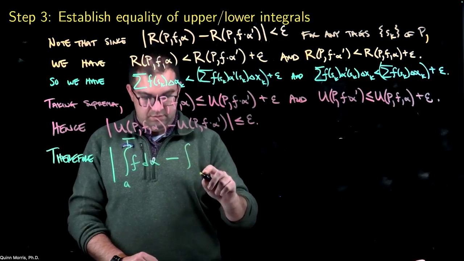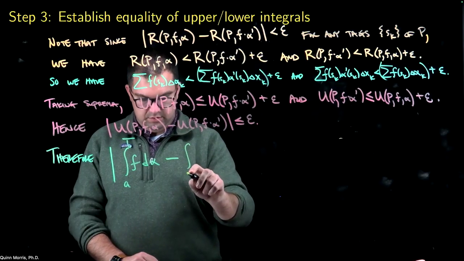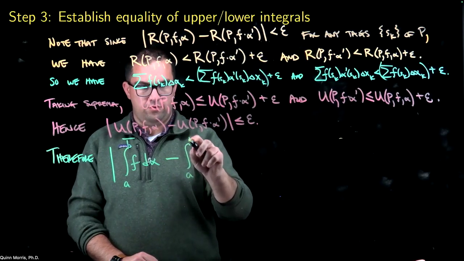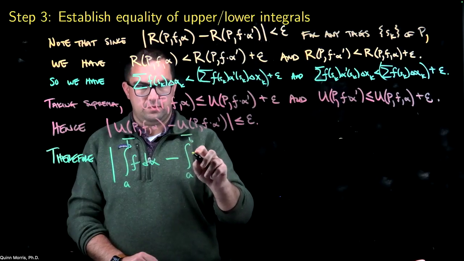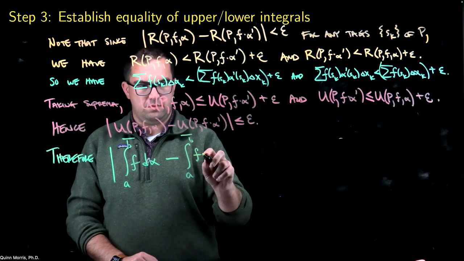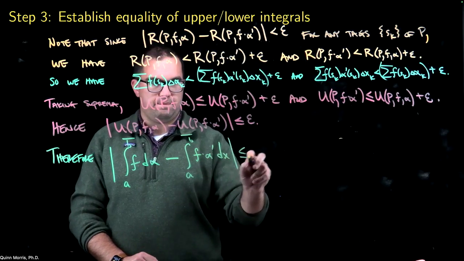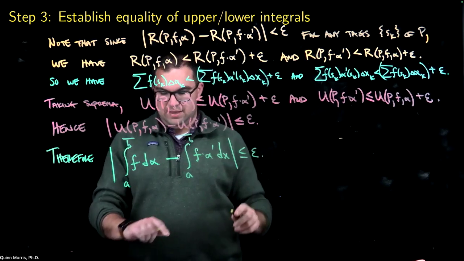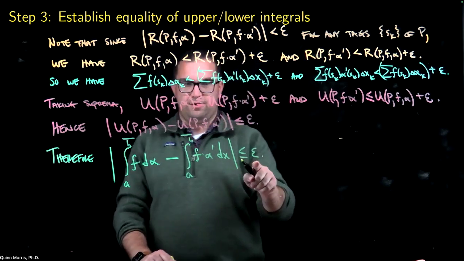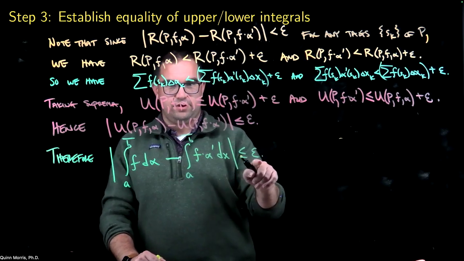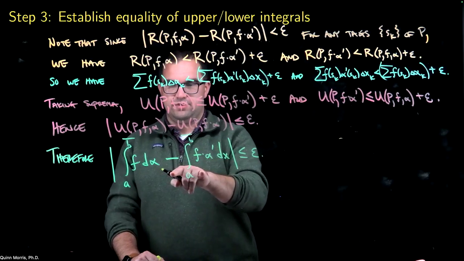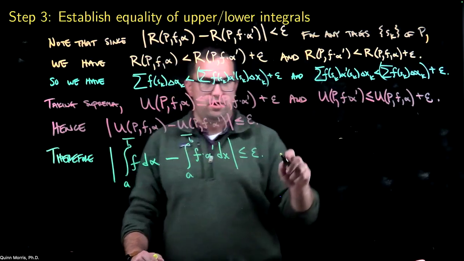This will give me an upper Riemann integral of f times alpha prime. And now since epsilon was arbitrary, the only way this is less than or equal to epsilon for every epsilon greater than 0 is if this quantity is 0.